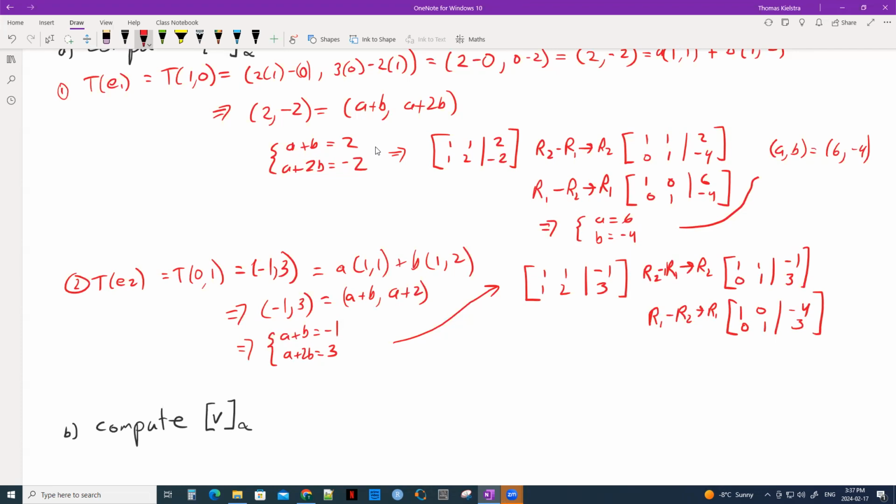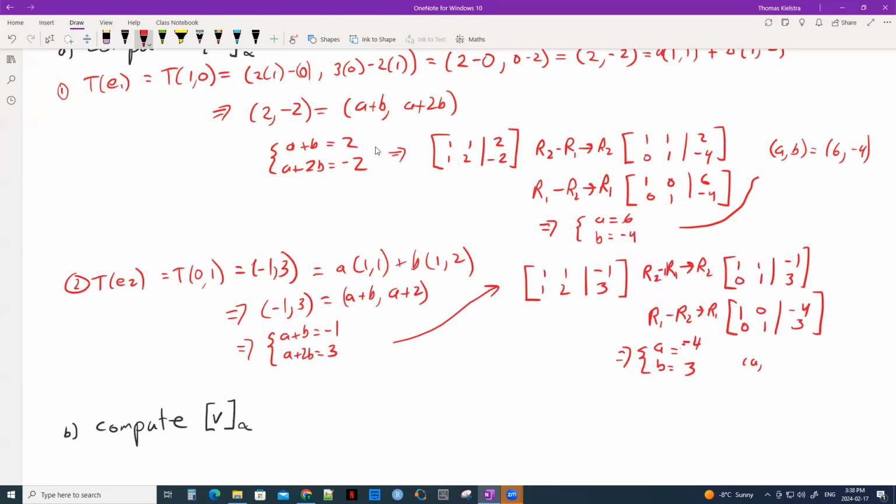And we get the system of equations: A equals 4 and B equals, or A equals -4, sorry. Let's correct that. A equals -4 and B equals 3.